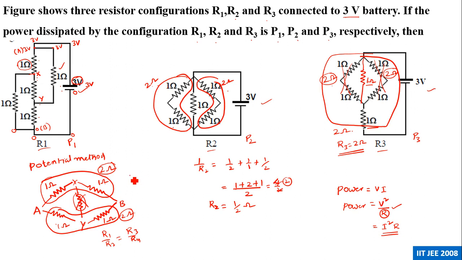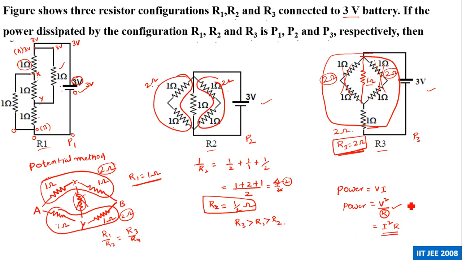That means R1 will be 2 by 2, that is 1 ohm. Clear? So R1 is 1 ohm, R2 is 1 by 2 ohms, and R3 is 2 ohms. So R3 is greater than R1 is greater than R2. This is the relation between resistances.